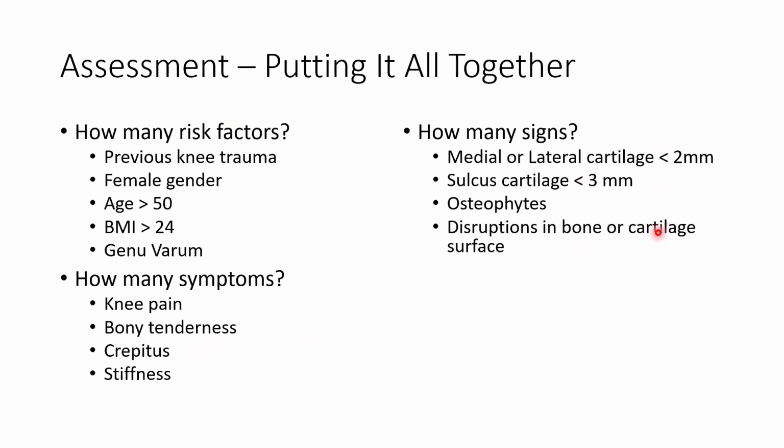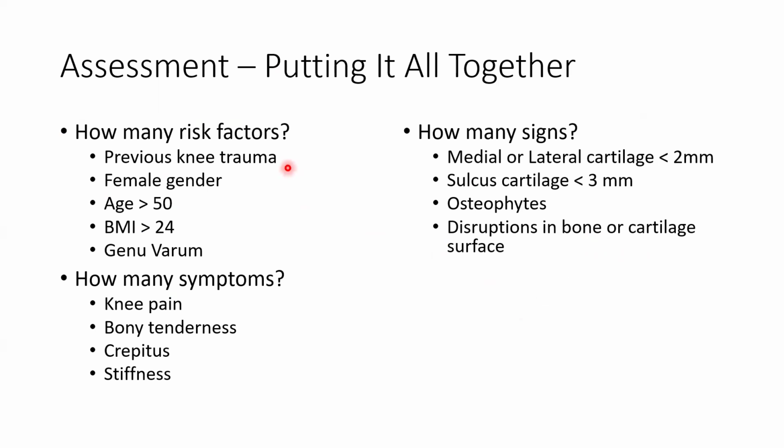And then how many of the signs that we can measure with the ultrasound: thinning cartilage, osteophytes, those places where the bone is starting to protrude into the space where the cartilage should be, or just disruptions in that bone cartilage surface. How many places of grade 3 or 4 cartilage did we find?